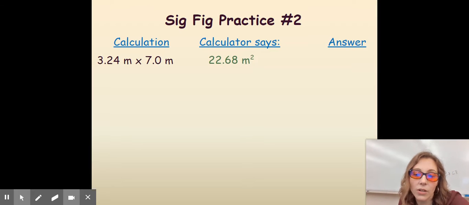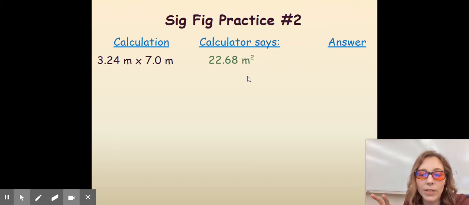So our answer can only have 2 sig figs because that's the least number between the two. So we need to round this 22.68 to 2 sig figs, which means I'm looking at that 6, and it's going to round the 2 up to a 23. So we get 23, and meters times meters is meters squared.